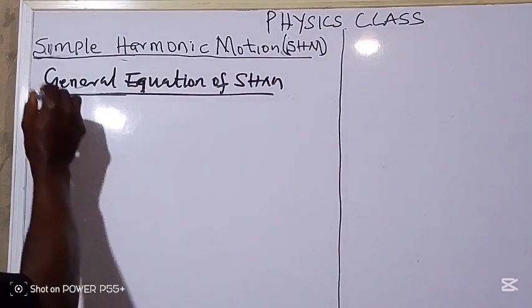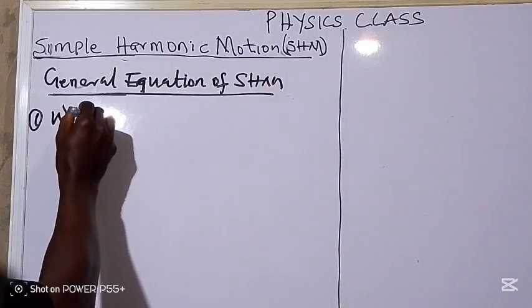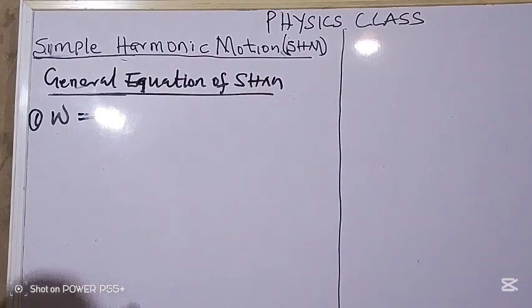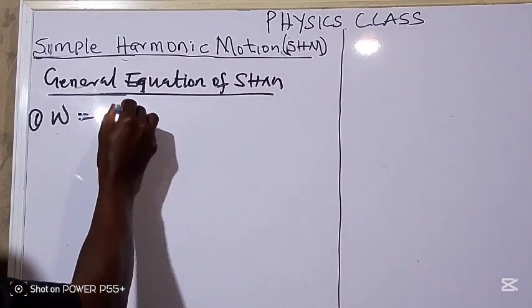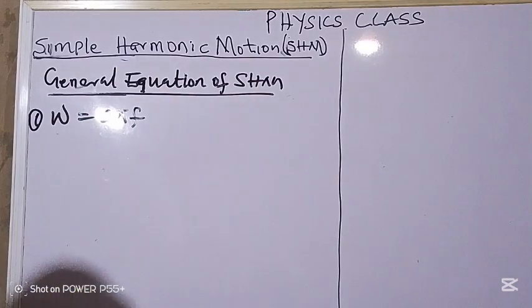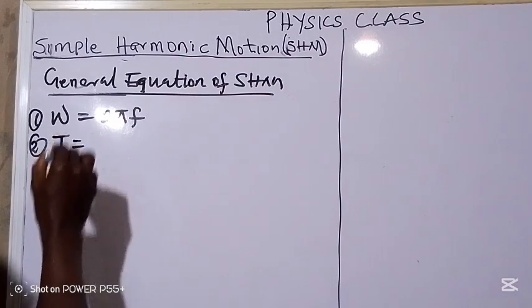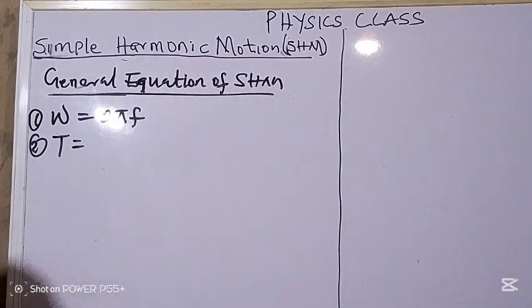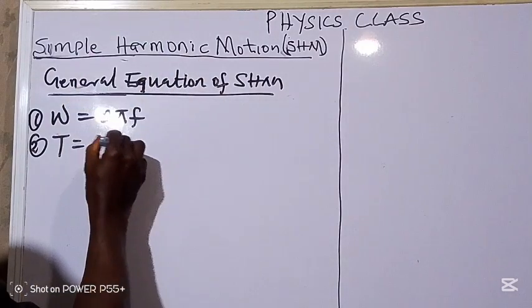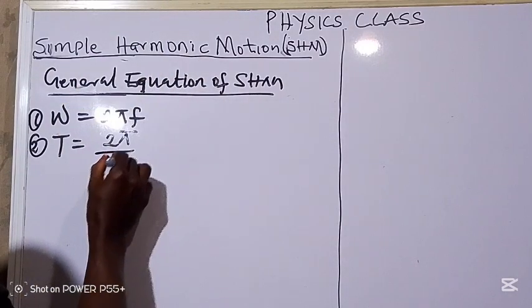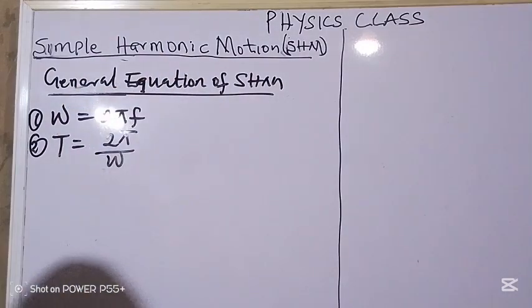Number one, the angular velocity or frequency is equal to 2 pi f. Number two, the period of simple harmonic motion T is equal to 2 pi over angular velocity.